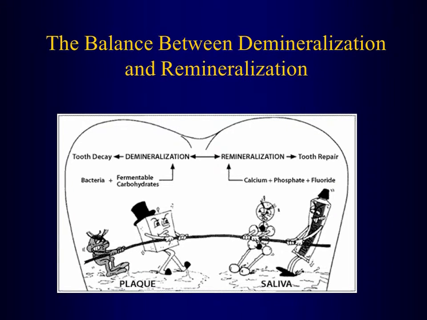So the enamel, like the bone, is constantly demineralizing and remineralizing. And there are factors that push to demineralization, and there are factors that push to remineralization. You have to have calcium and phosphate to remineralize, and fluoride will push in the direction of remineralization.